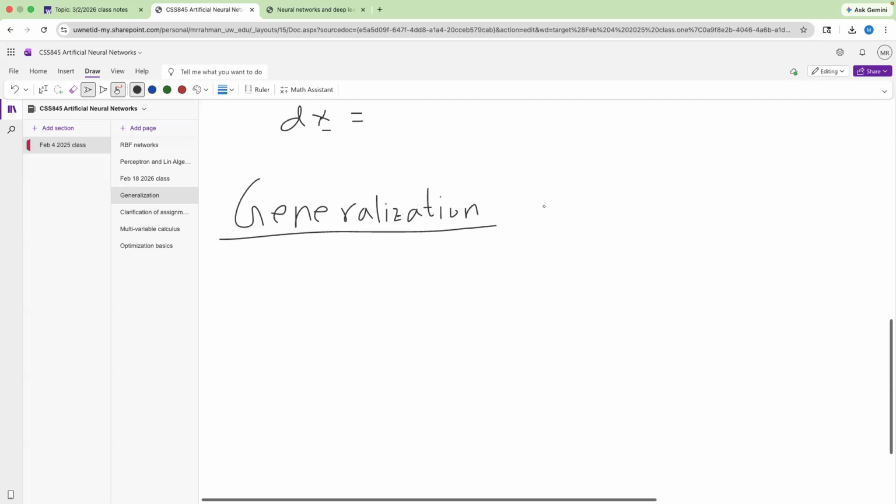And if we get good predictions on new unseen data, then we say that we have good generalization capability, right? And so that's the goal here. So there are two metrics that we are concerned with here: one is the train error and the other is the test error.